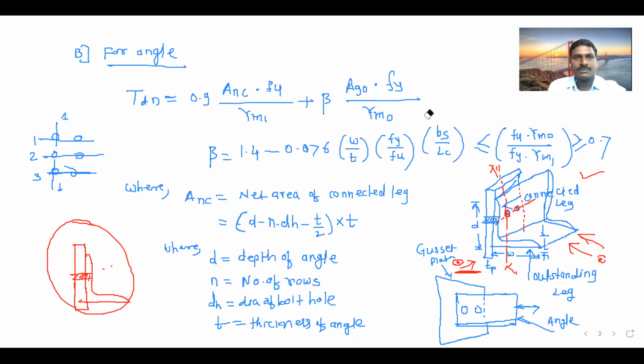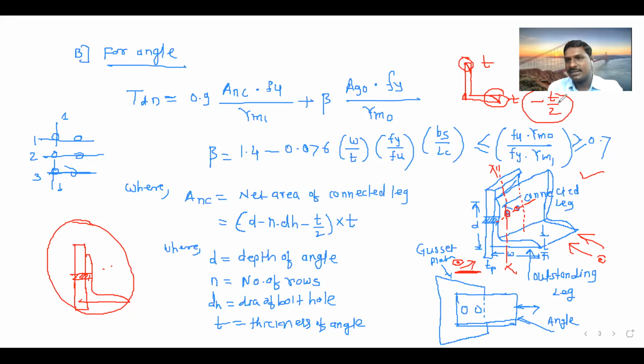Just a minute. See here. Is the angle shown like this? No. So the angle is like this. Here edges are there. So this thickness T, I have deducted minus T by 2.